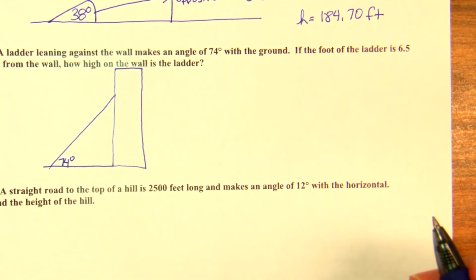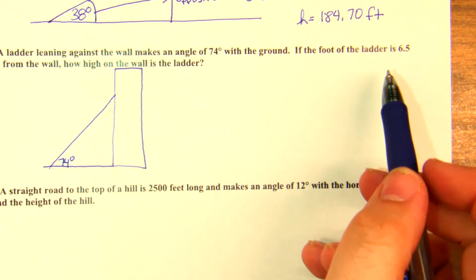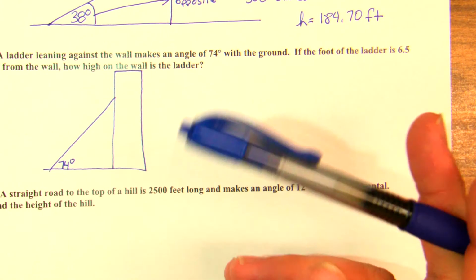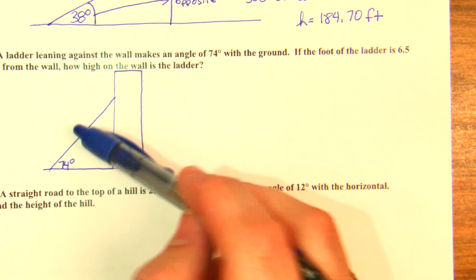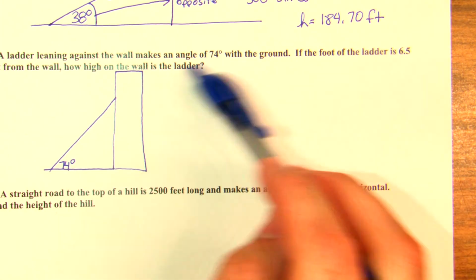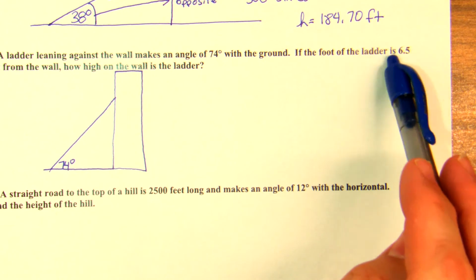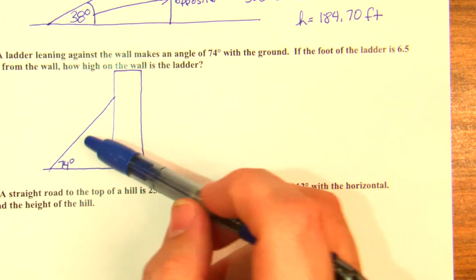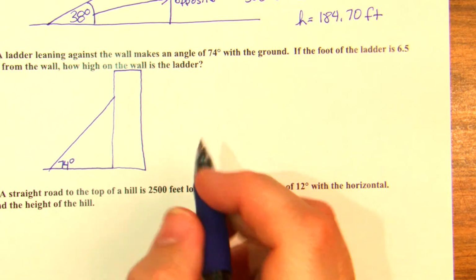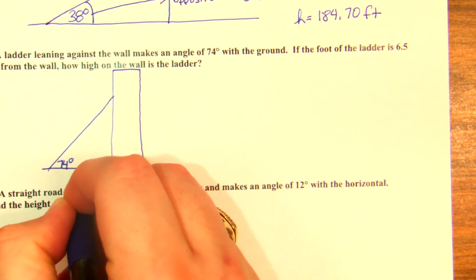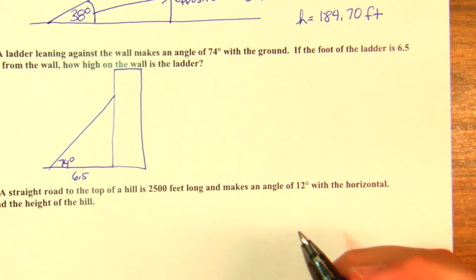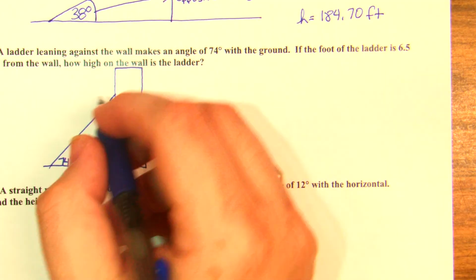If the foot of the ladder is 6.5 feet from the wall, now where would that go? If you're 6.5 feet from the wall, that's the adjacent side. It says how high up the wall is it going to be? So there's your height right there.